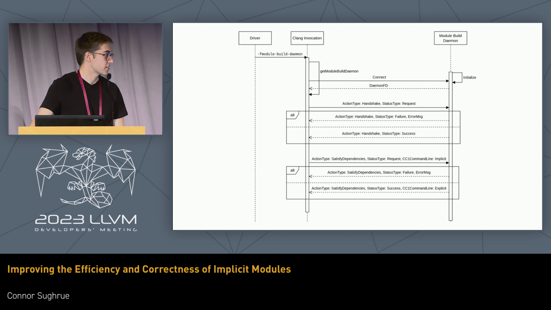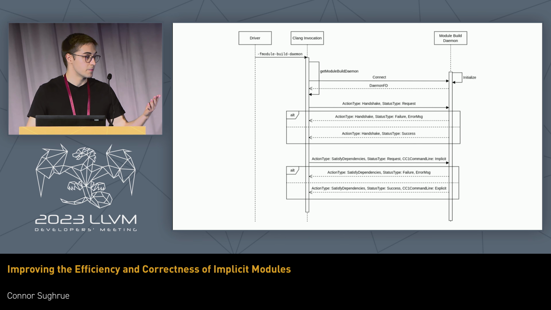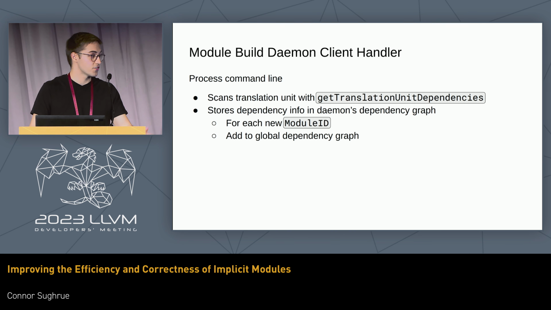Once the handshake has successfully executed and the daemon has told the Clang invocation that it's ready to do some work, we execute a satisfy dependency request. This is where the bulk of the work happens. The first thing the daemon does is begin processing the command line by scanning the translation unit with get translation unit dependencies.